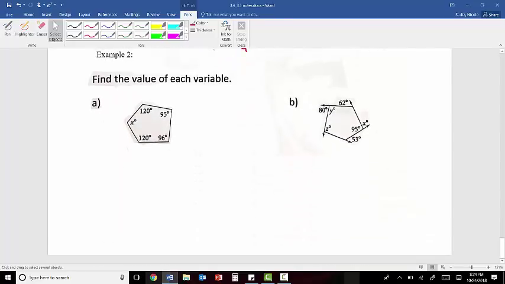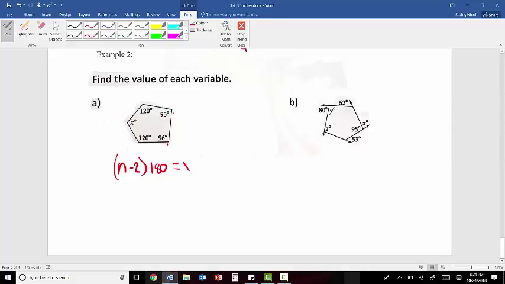The last 2 examples, we're just going to practice using that angle sum rule. So it looks like I have 1, 2, 3, 4, 5. And these are interior angles, which means interior formula. So that would be the sum of all the angles.